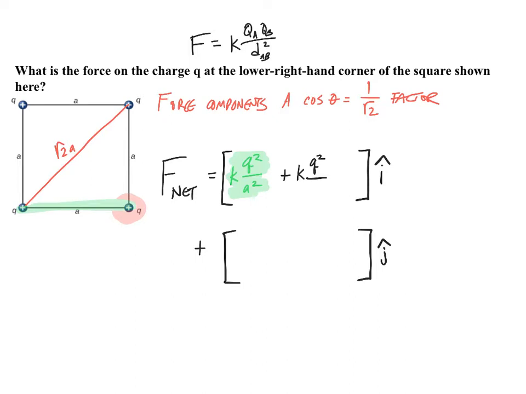If I take the square root of 2 times A and square that distance, the square root of 2 squared is 2, and the square of A is A squared, so I just get 2A squared. But it's at an angle, and we already figured out the bonus of the square is that it's always the same component. So I'm going to have times 1 over root 2.